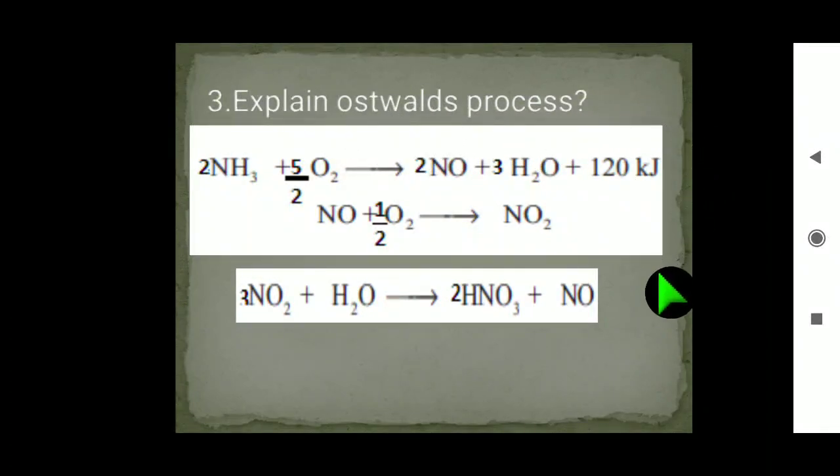So in this method ammonia is used. Ammonia from the Haber process is mixed with 10 times of air.